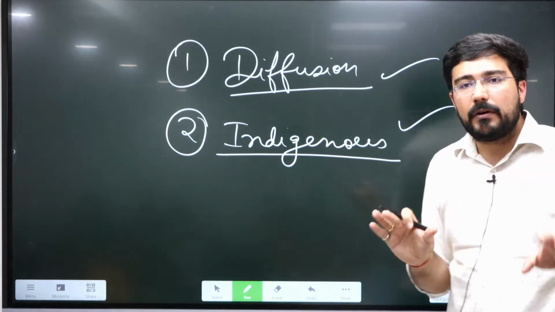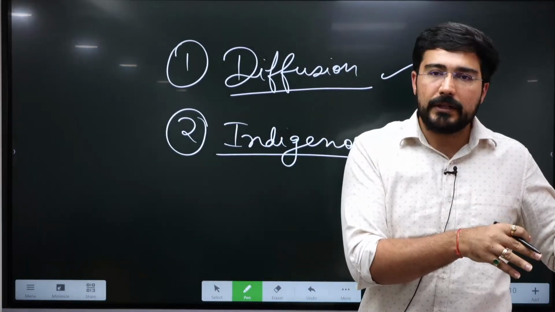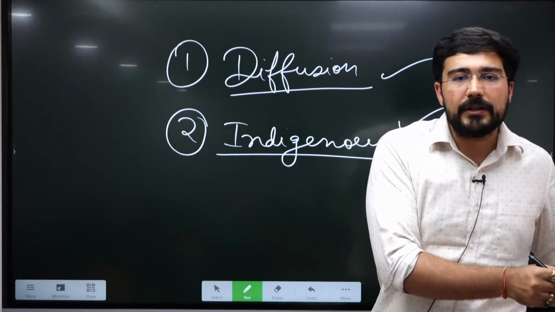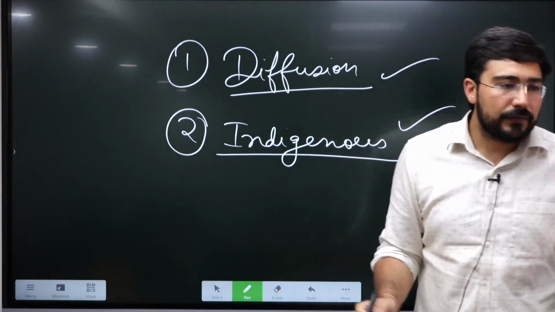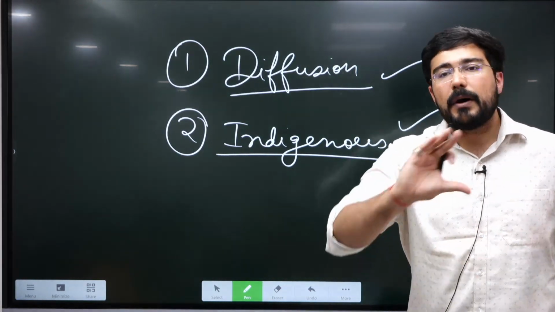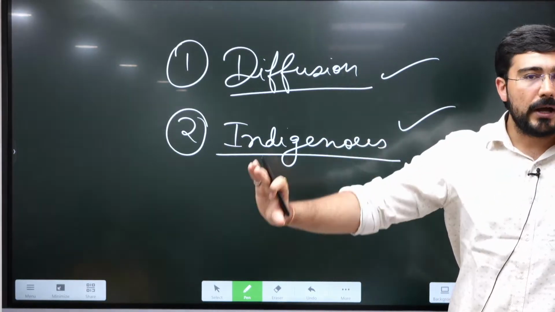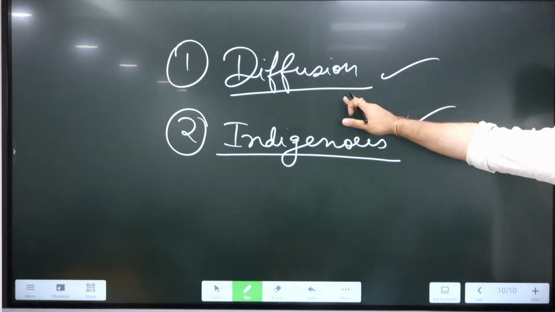A similar kind of theory of diffusion will be used for Indus Valley also. That Mesopotamians had the urban culture, and then they shifted to the Indian subcontinent. They created Indus Valley civilization. So all these theories say that it started only once, and then all the people learned from that specific place. This is the theory of diffusion.